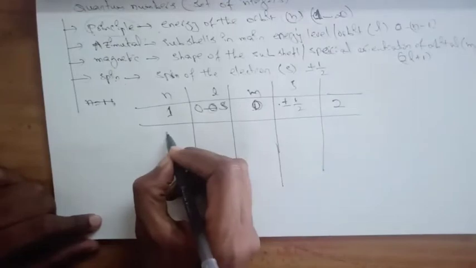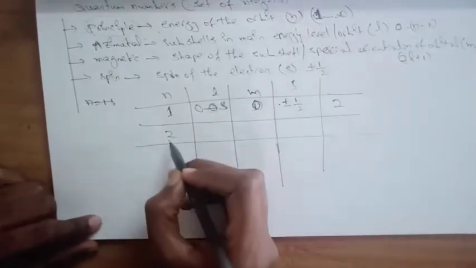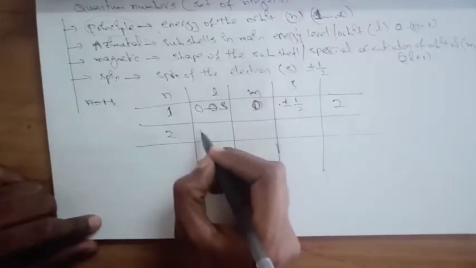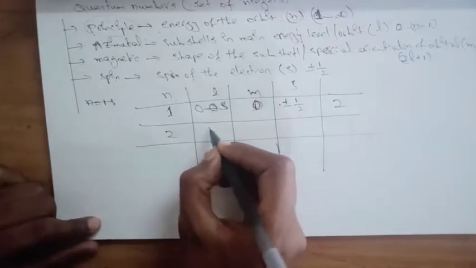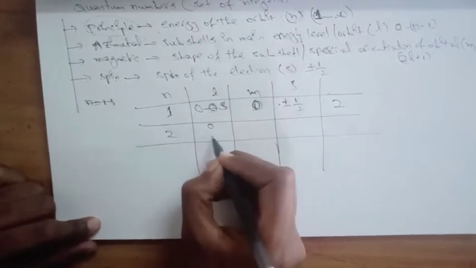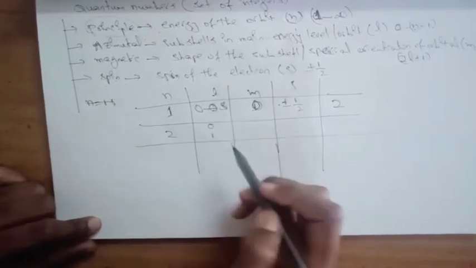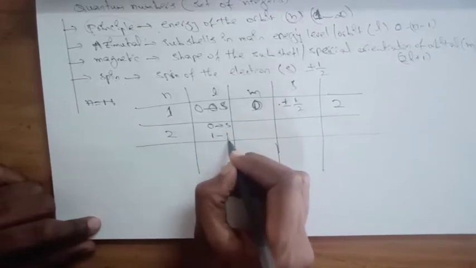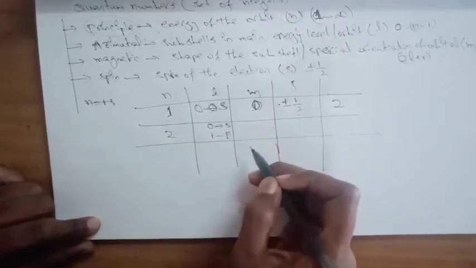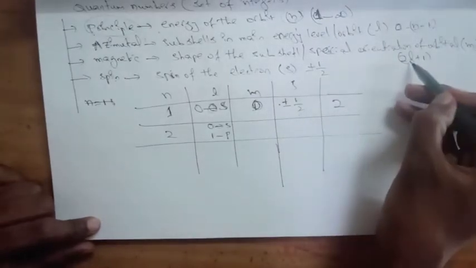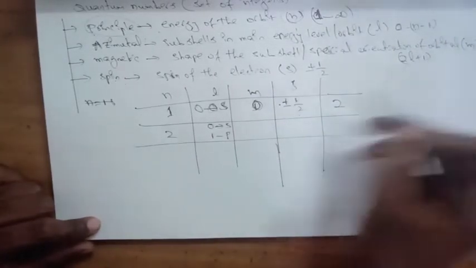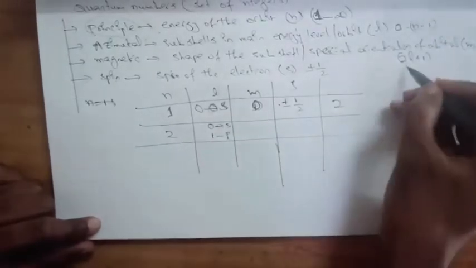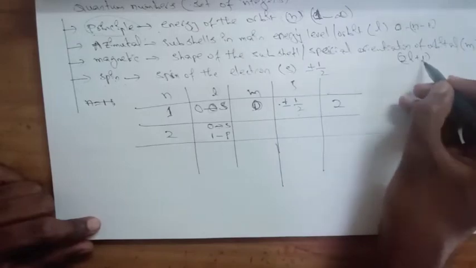When n equals 2, the l value becomes 0 to n minus 1, that is 2 minus 1, so there are 2 possible values for the orbitals. 0 indicates s and 1 indicates p, and the m value is 2l plus 1, which is 2 into 1 plus 1, equals 3.